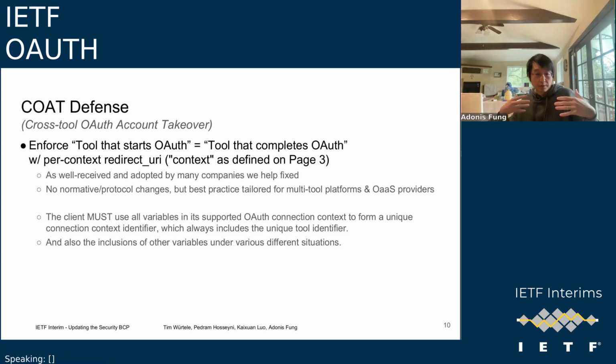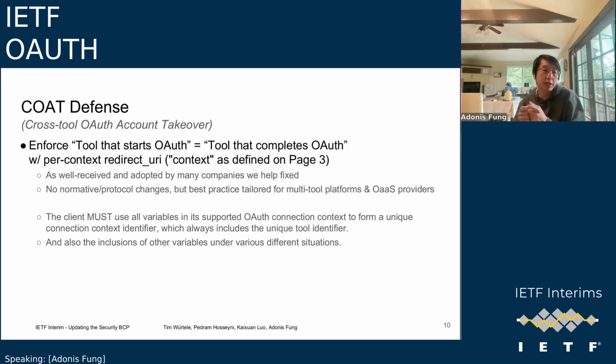So the tool is a basic thing that we think has to be used, and it also has to be encoded in the redirect URI. So the redirect URI could not be just alexa.com. The redirect URI should be alexa.com/toolid. And in some cases, as we detailed in the draft, it has to incorporate even more things into defining what this unique ID should be.